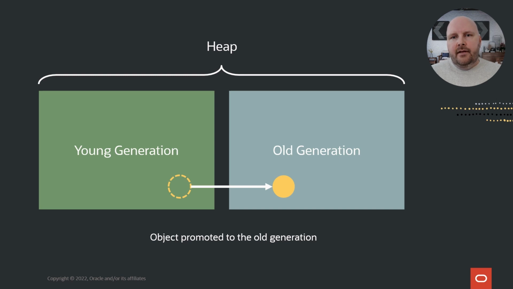And the reason for that is that there are relatively few objects still alive in the young generation, so traversing that object graph will be relatively inexpensive, and there's lots of memory to reclaim. In contrast, of course, collecting the old generation is more expensive because more objects there will be alive. So again, traversing that graph will be more costly, and the amount of memory to reclaim in there is typically lower.